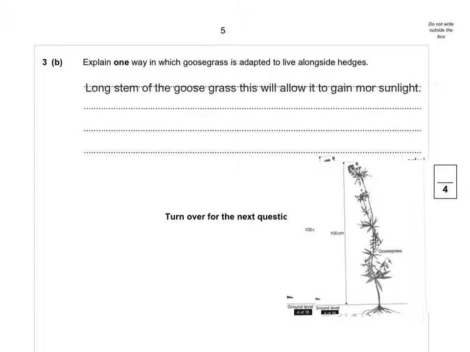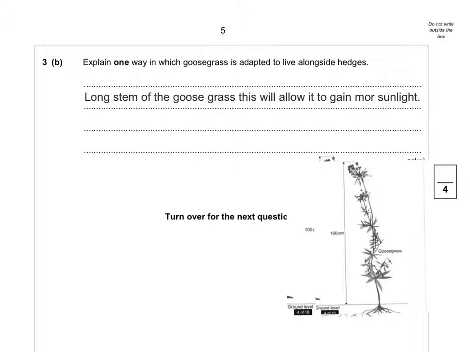this will allow it to gain more sunlight. And obviously if a plant gains more sunlight, it can use more of that for photosynthesis, or more of the energy to allow photosynthesis to take place. It could have also mentioned another thing, which was that it has widespread roots.